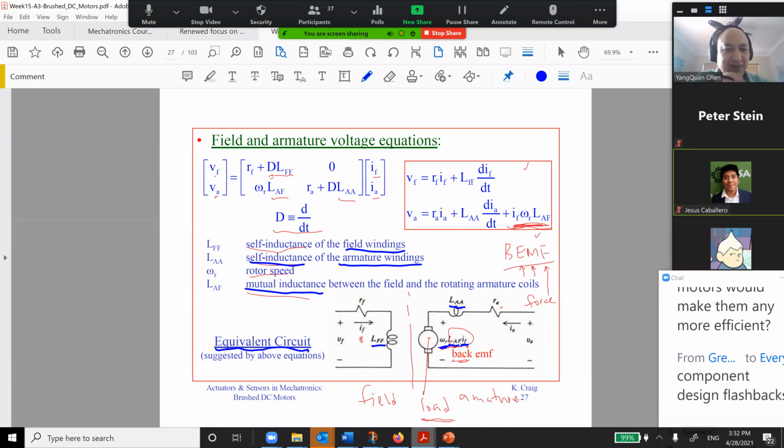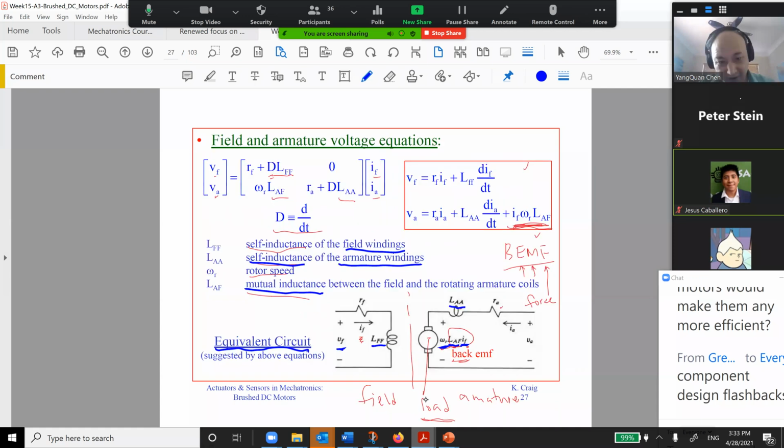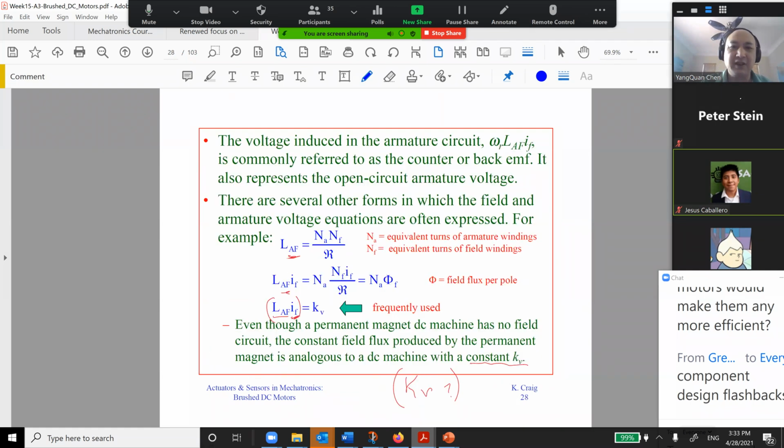I_F is controlled by V_F, so if you change V_F, you change everything, and you can change the speed. This is a typical equivalent circuit, but we haven't put a load on this one yet.